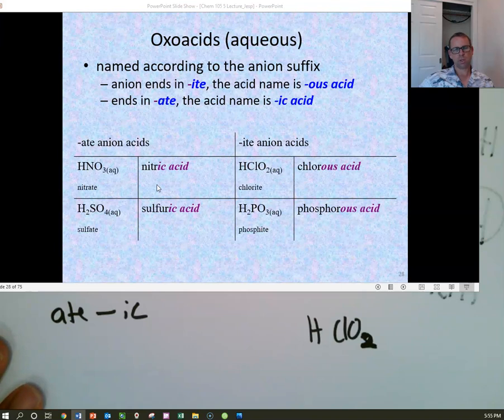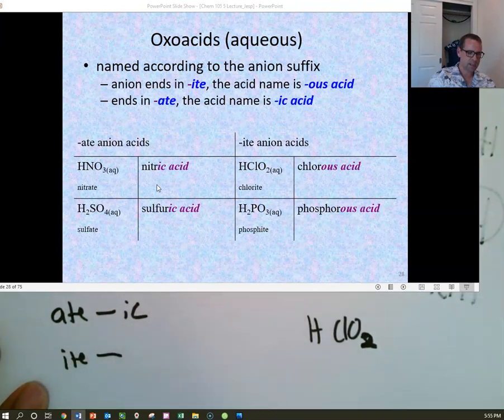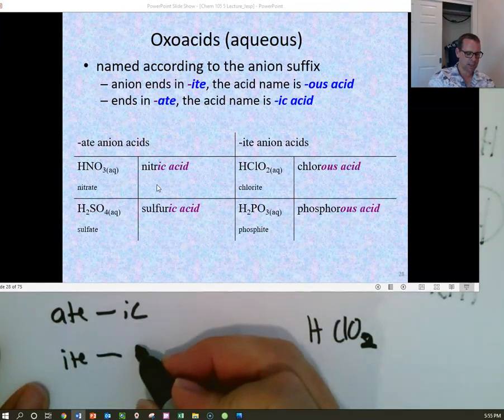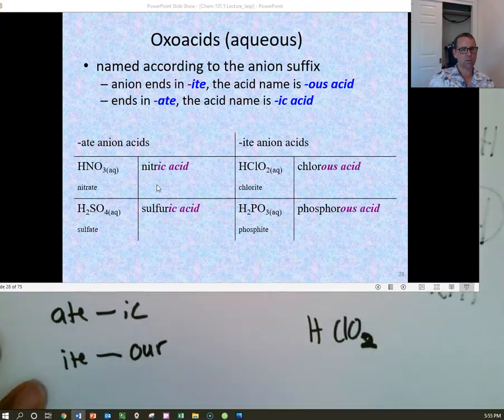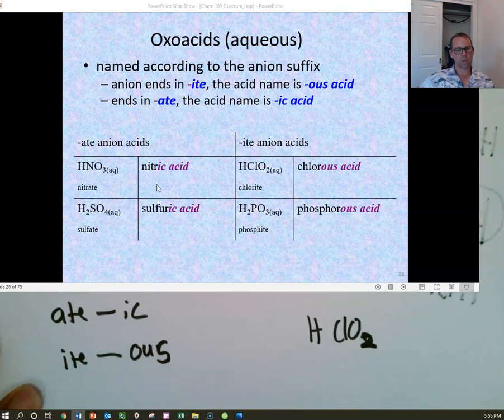Chlorite. Very good. If the polyatomic ion of the acid ends in ite, then the acid ends in ous. So it's chlorous acid, chlorous acid.